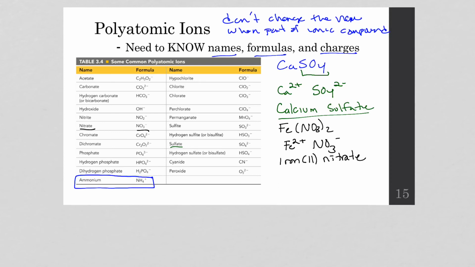So, same rules essentially that we follow for naming any other kind of ionic compound, except when we put in the polyatomic ion, we don't change the name. And we're going to need to put in the effort to memorize these. I try to really minimize the stuff that you have to memorize. It does tend to be stuff that comes at the beginning, so you're memorizing certain names and symbols. You're memorizing what charges certain groups form.